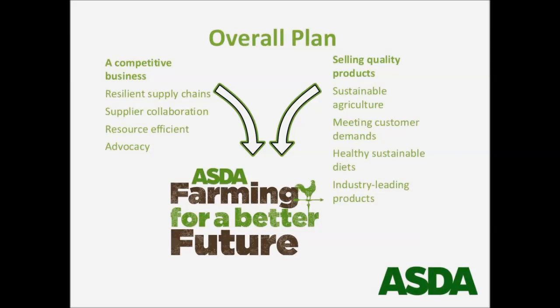Getting collaboration amongst the suppliers. Peer pressure in the farming industry is a fantastic way of helping, challenging, changing things like that. The importance of efficiency and resource management and advocacy, and that's always key. And then right through to the importance of selling sustainable agriculture, meeting consumer demands.